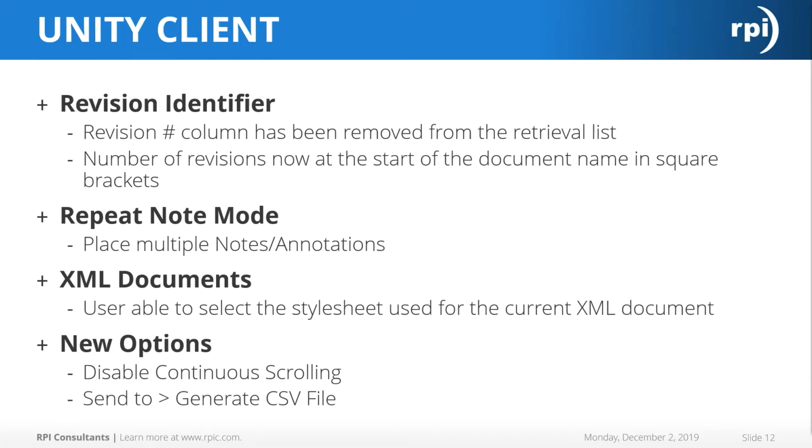So all you're doing is scrolling from the top of page 1 to the bottom of page 1, and in order to get to a different page, you would have to double click to move to your next page or hit the arrow button. I think this is a really nice feature because I know I've done it many times where I've been scrolling and I end up on the wrong page just because I was trying to get to the bottom of a page and didn't realize I already moved on to the next one. And then the last option that they've added is generate CSV files. This option is now available from the full text search hit list results.